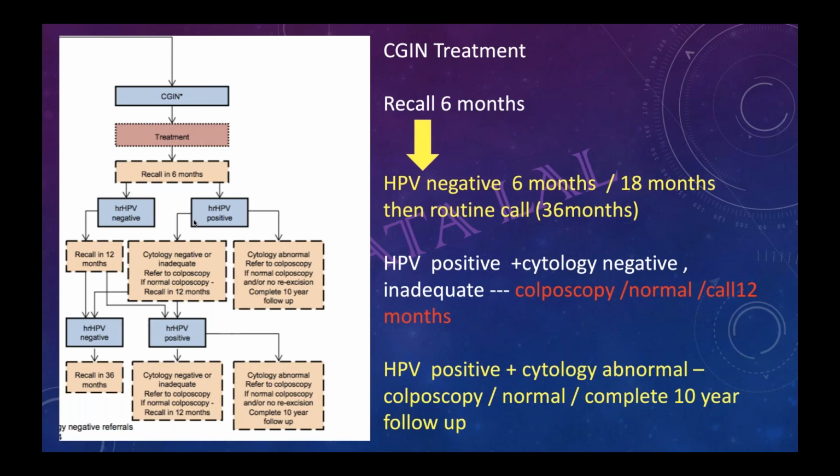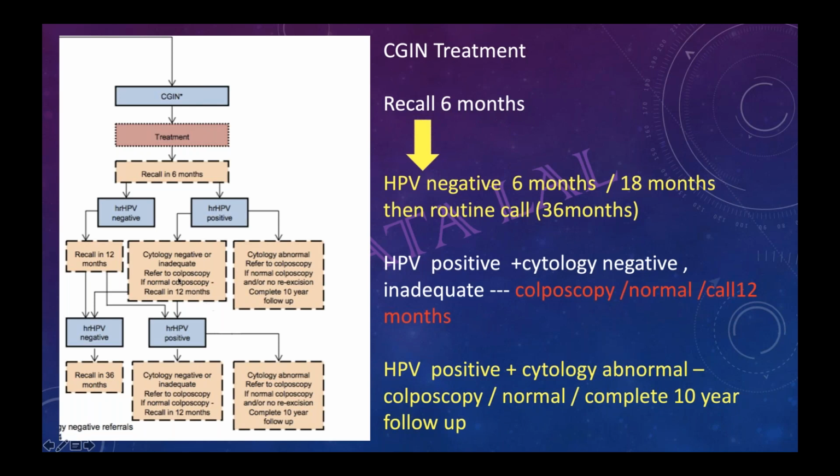You will again see her after 12 months. In 12 months, if the HPV is positive, this pathway will remain the same. Once her HPV becomes negative, and when the 2 HPV tests are negative, then she will be put on the recall at 36 months.